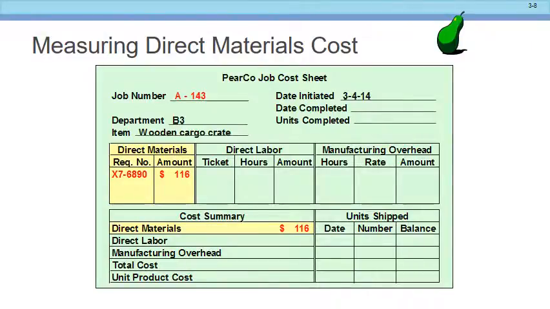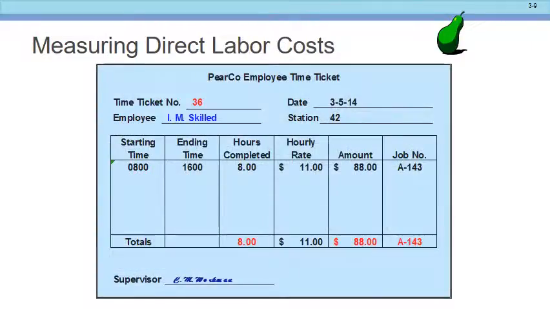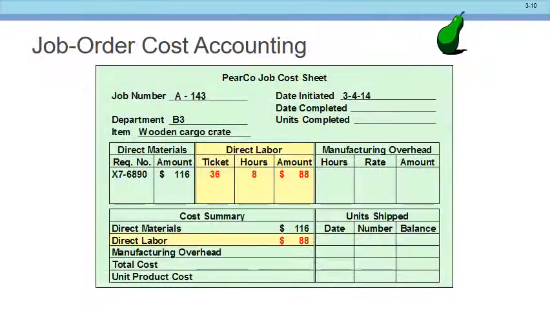And then our direct labor cost here, we're paying this person $11 an hour. Okay, we're not paying them very much, but that's neither here nor there.